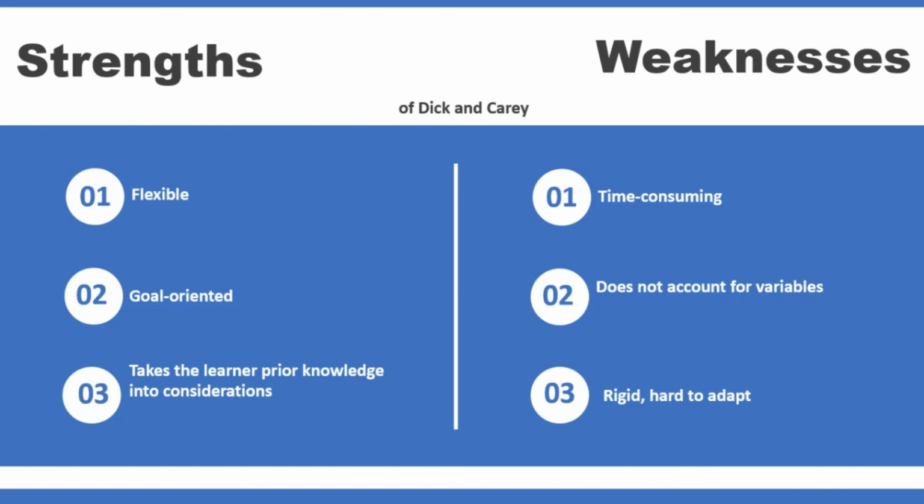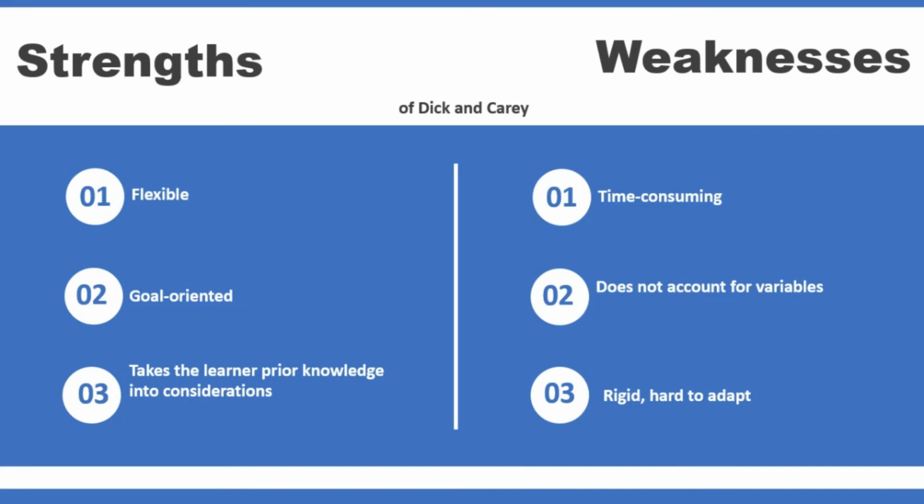Now, let's talk about the strengths and also weaknesses of the Dick and Carey model. Because this model can be used in various subject areas in schools as well as in the business world, a strength of this model is its flexibility. Another strength is that this model is very goal-oriented and works as a system. By starting with a goal in mind, the other components of the model interconnect with each other and develop from that initial starting point.